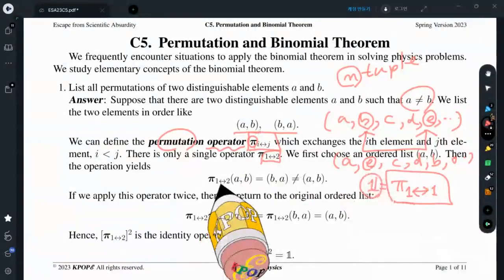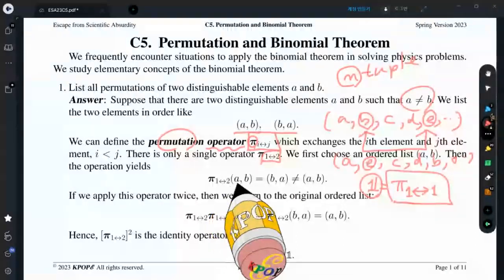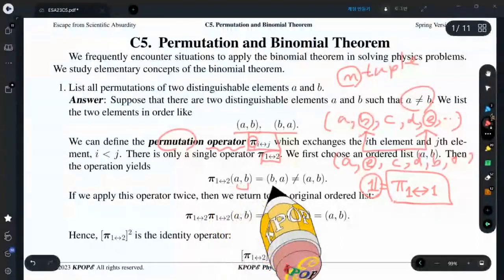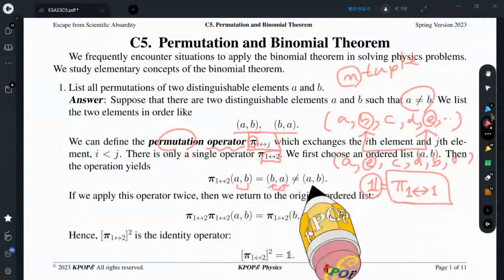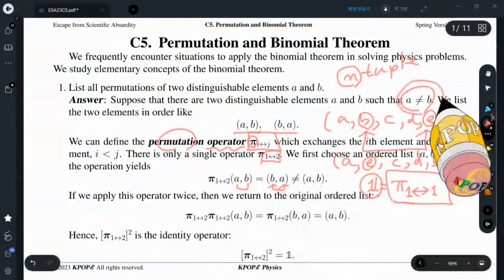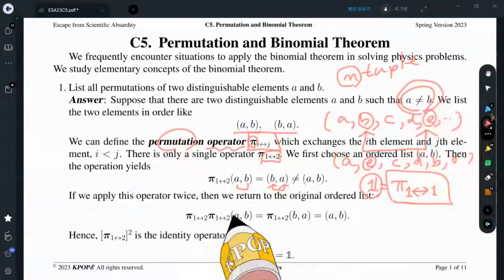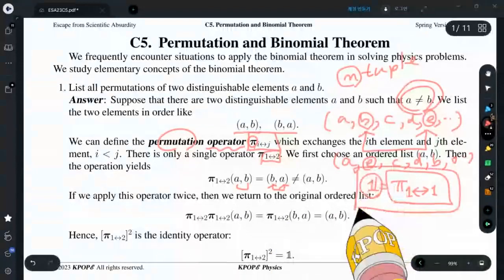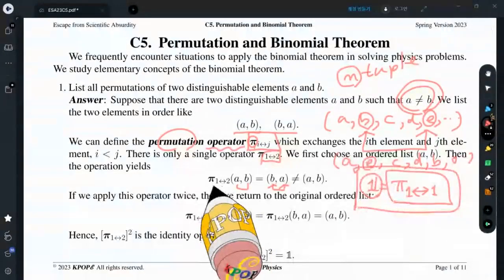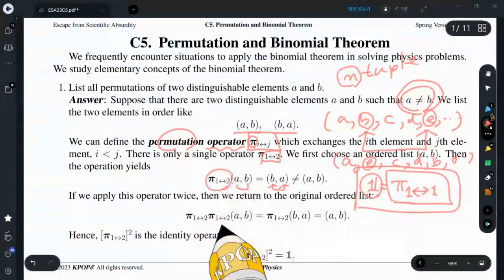So if we exchange the first and second elements, then A, B is transformed into B, A. And that is different from A, B because we assume that A is not equal to B. Just like this, repeated permutation is allowed. What about exchanging first and second twice?